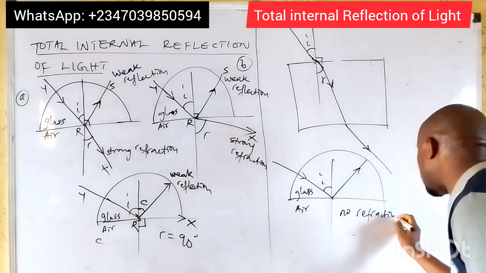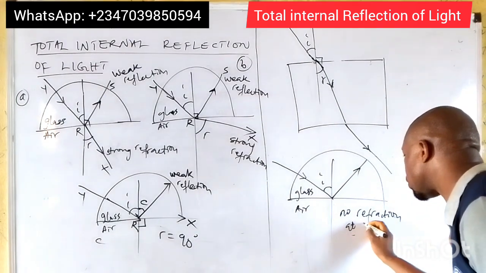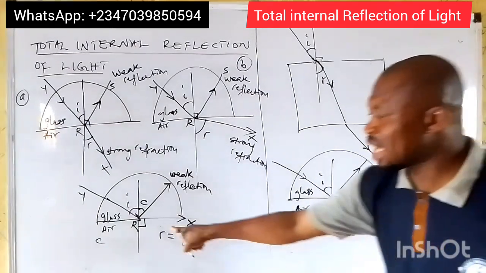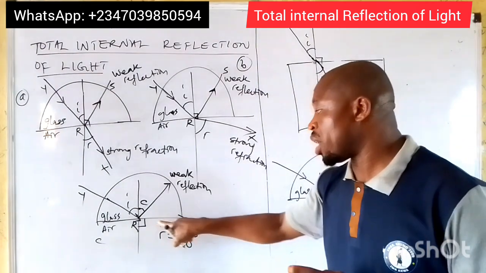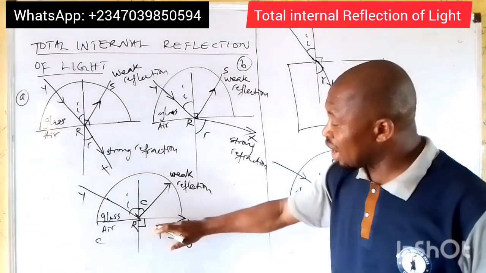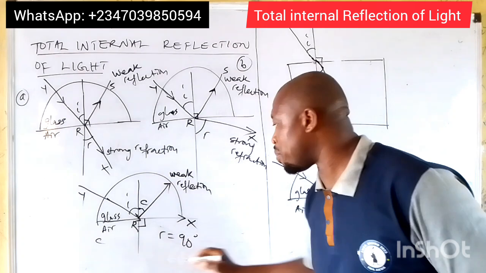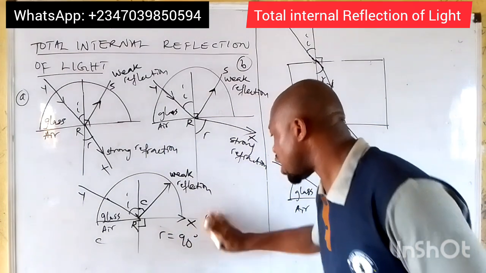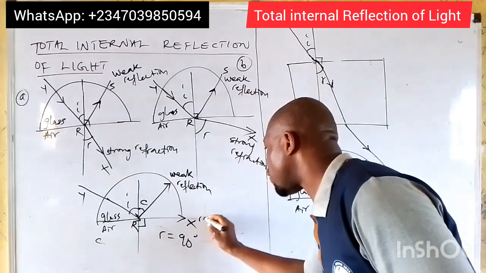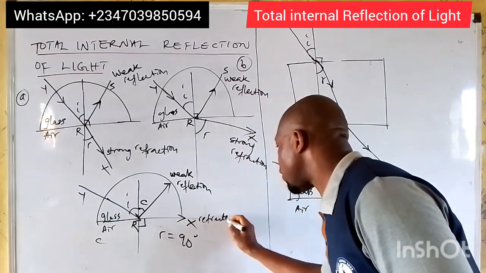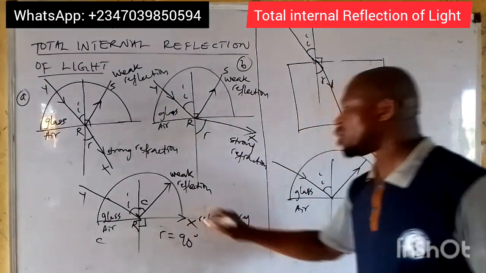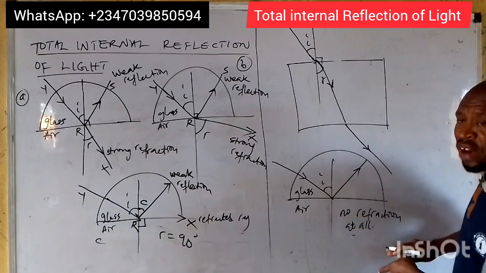Whereas here, there is refraction, but the refracted ray is now lying along the glass-air boundary. So this is a refracted ray at this point. Now, in this case, no refraction.